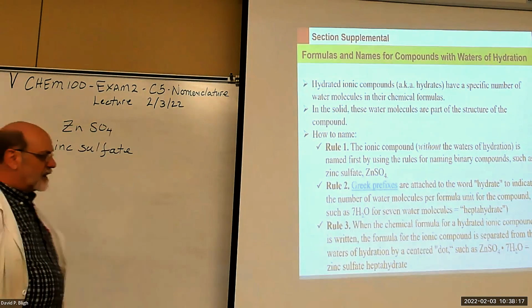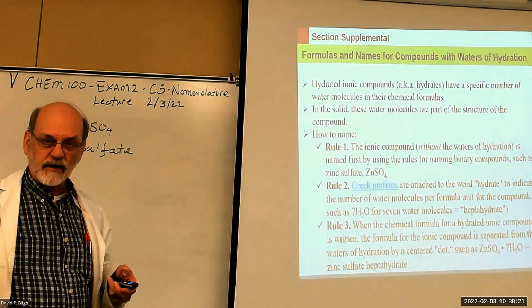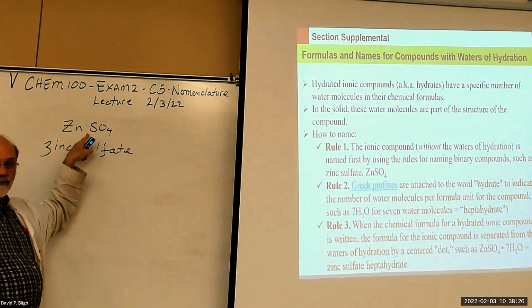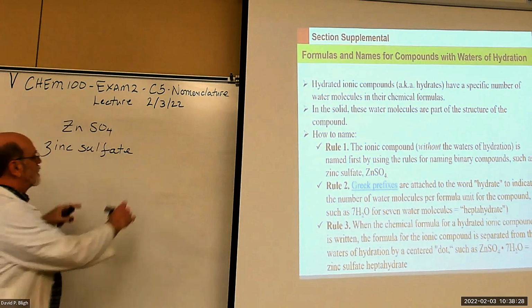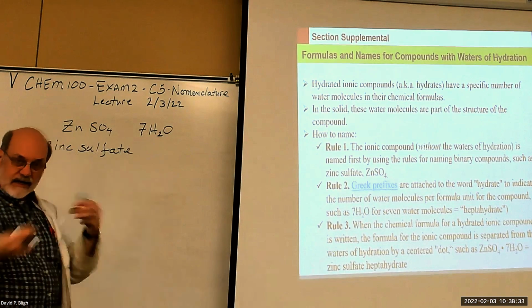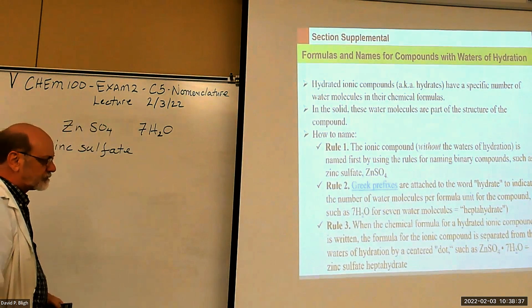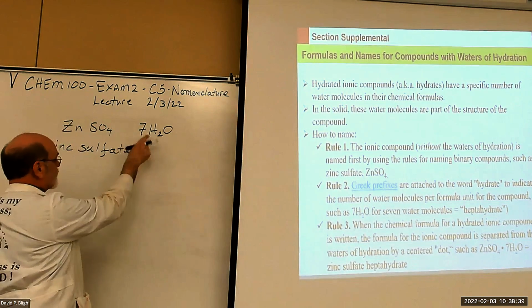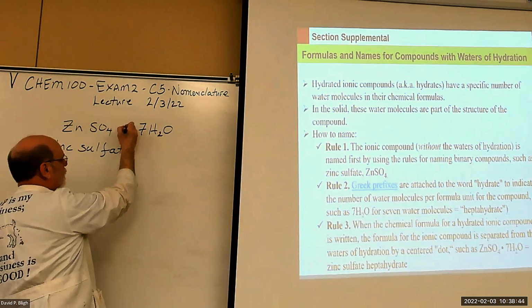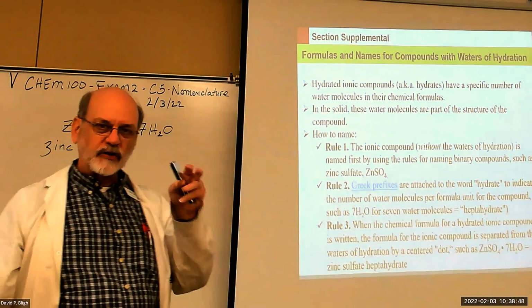right? But we know that zinc sulfate has 7 waters attached to this formula. So for every one of these, we have 7 waters in that crystal structure. Right? And we put these out separate because they're not part of the compound. And we put a dot there. Kind of like in math, when you write a dot means multiply.